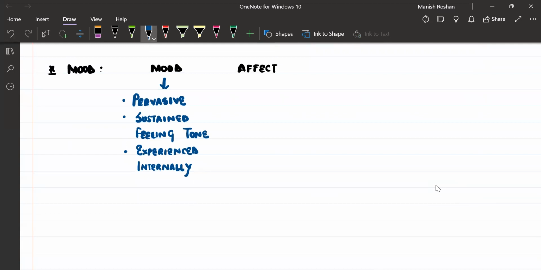And it influences all aspects of a person's behavior and perception.